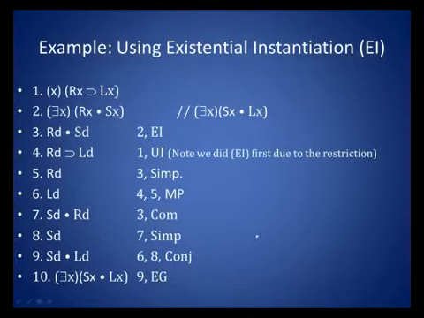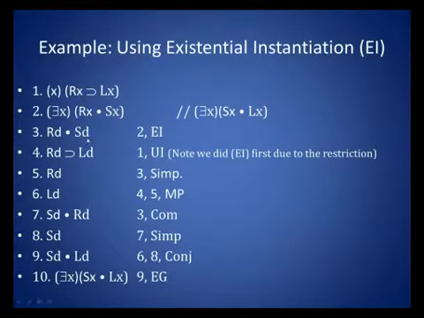Okay? So again, the important thing to take note of here is that I used EI first because I had to make sure that my letter was new. All right, had I done UI first, I wouldn't have been allowed to do that. So we did EI first, then UI. All right, once I remove these quantifiers, then I can just implement my rules of implication. Simplification of line 3, which allows me to do modus ponens with 4 and 5.